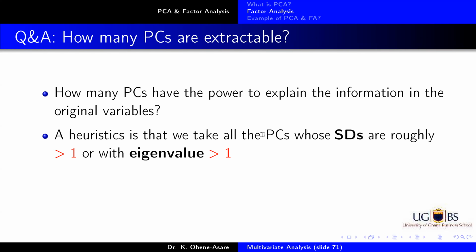And here is the heuristic. These are some of the criteria you are going to use to identify how many principal components. You have to take all those principal components whose standard deviations are roughly greater than 1, or whose eigenvalues are roughly greater than 1. That's the first rule.